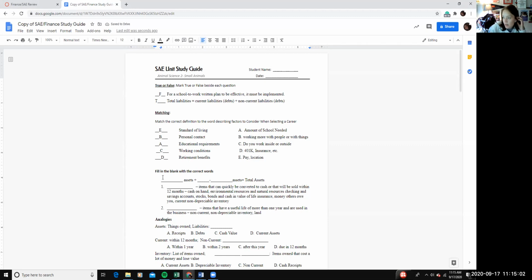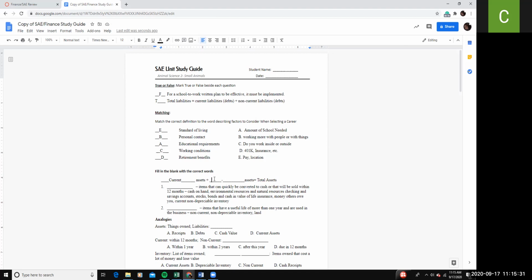All right, down here it says fill in the blank with the correct words. Blank assets plus blank assets equals total assets. So Camry, what would this be? Current assets plus, plus, I forgot.